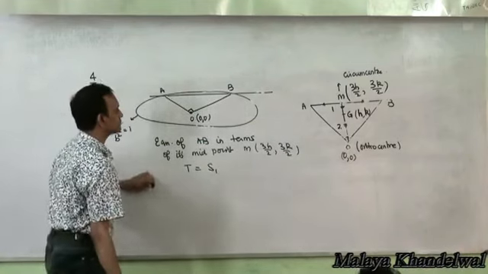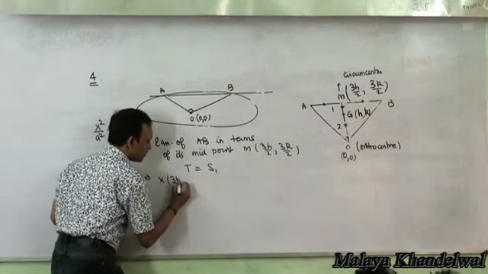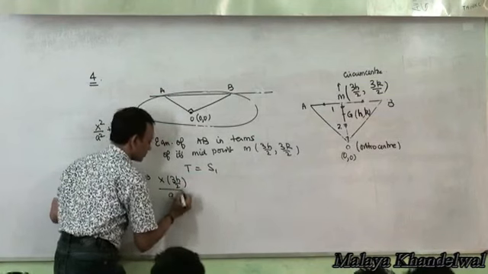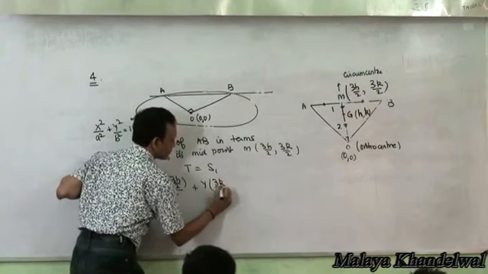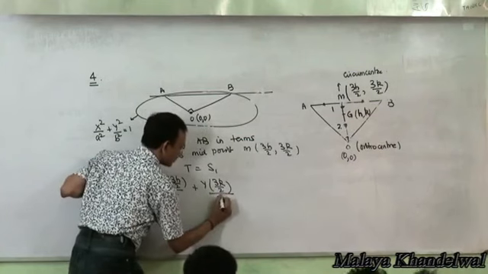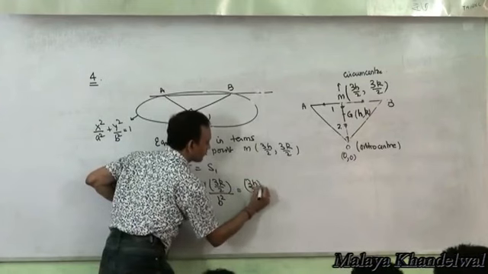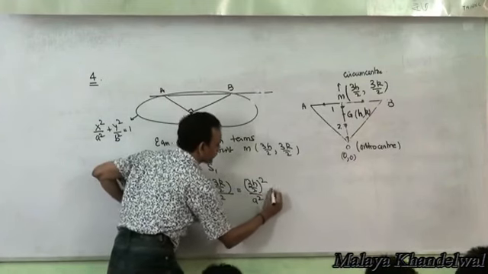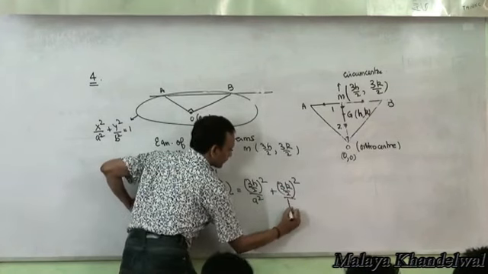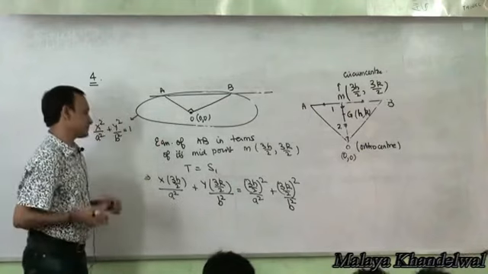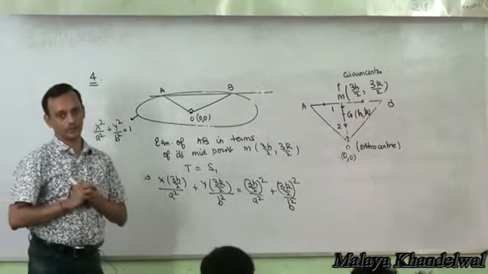T equal to S1. That's the equation of the chord in terms of its midpoint, right?